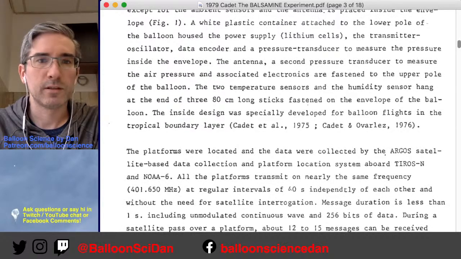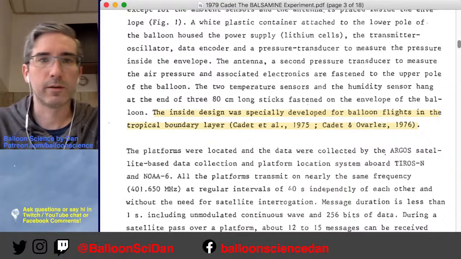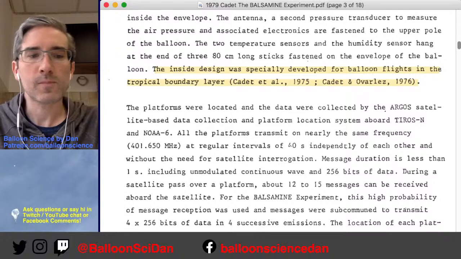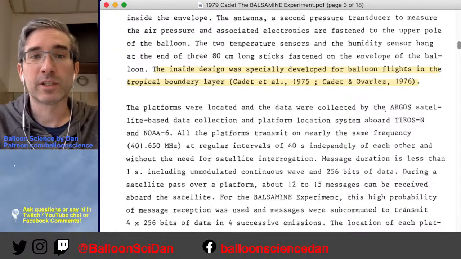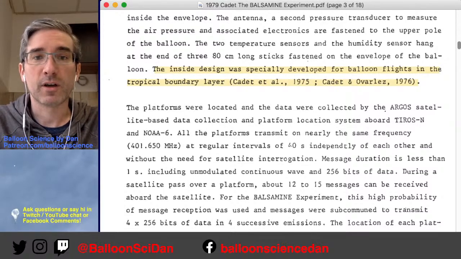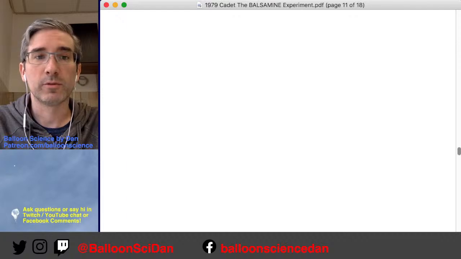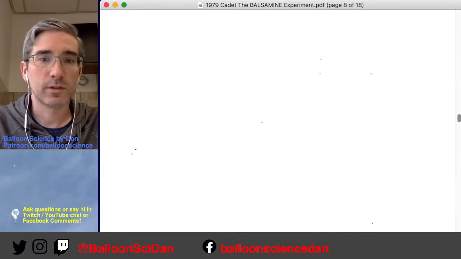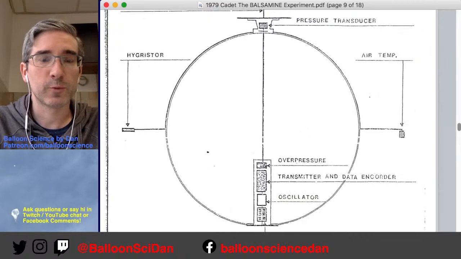The inside design was specially developed for balloon flights in the tropical boundary layer in 1975 and 1976. And that is a really interesting design, to have all of this stuff inside the balloon instead of hanging below it. And there was a very specific reason for that.